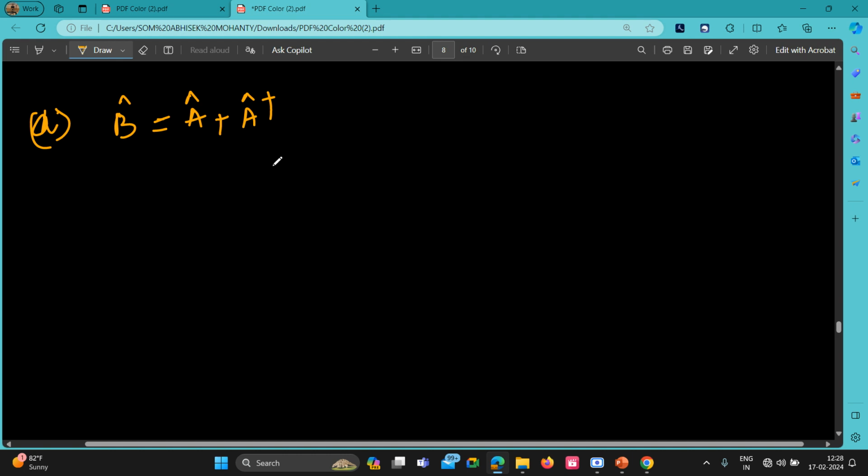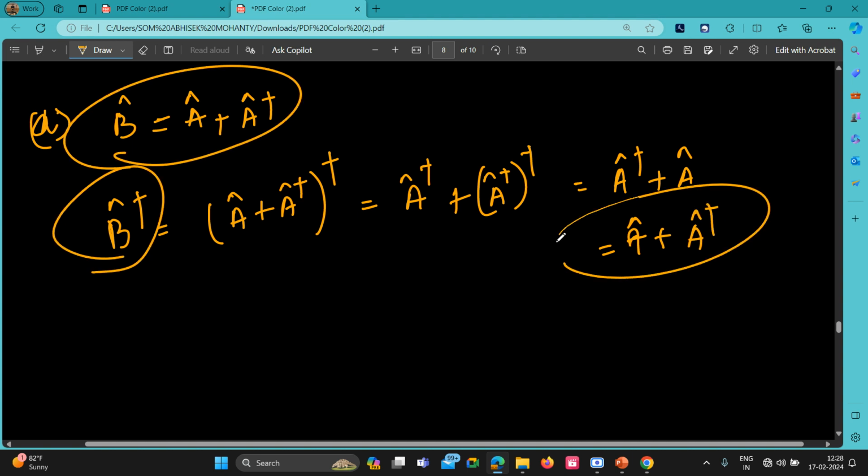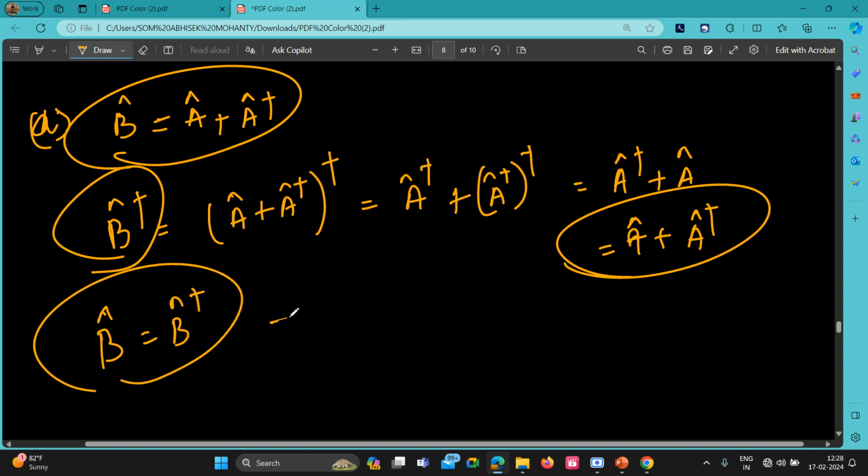For hermiticity, I will take the dagger of it: A cap plus A cap dagger, whole dagger. That will give me A dagger plus A. So this is your Hermitian, isn't it? Because B is equal to B dagger, we proved that B is Hermitian.